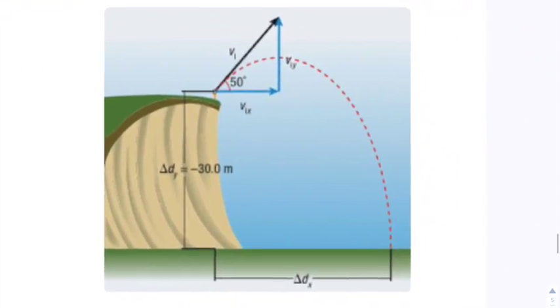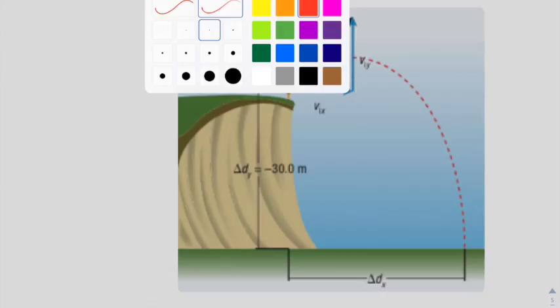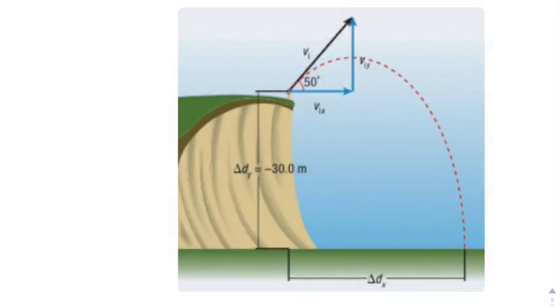Take a look at the diagram, and it's easy to see that the final velocity of any projectile has the same basic shape. It is downward and on an angle.